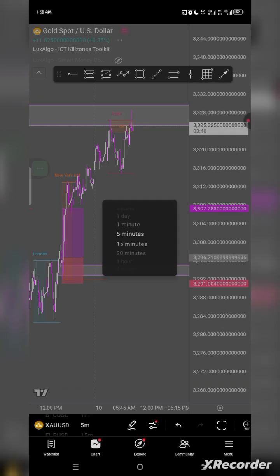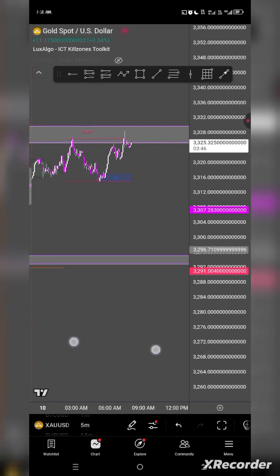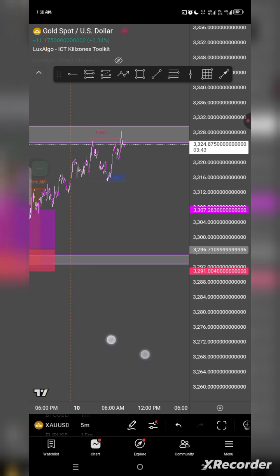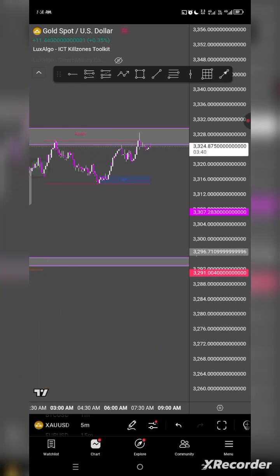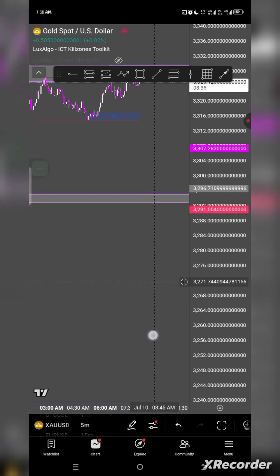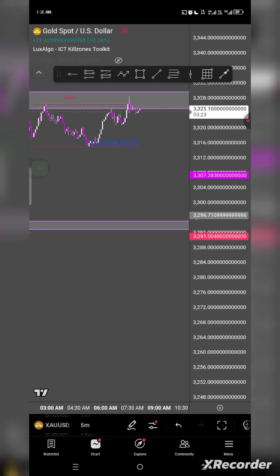So let me go down to my 5 minutes. I actually go down to my 5 minute now just for zone refinement for entries. Let me set my alerts around this region. Once price is able to break below this low, should it be there, price will break below that low.